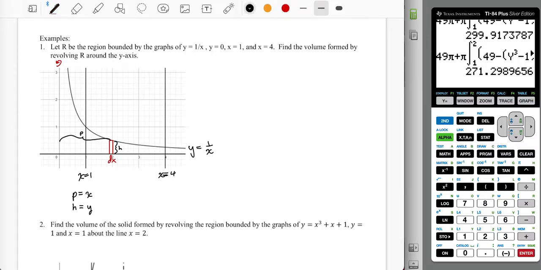So you can refer to formulas if you like, but if you have a good general understanding of this, we'd know it's 2 pi over the interval. Well, where does my interval start? At the x value of 1, and it ends at the x value of 4, so 1 to 4. I know to choose x bounds because the thickness is dx.